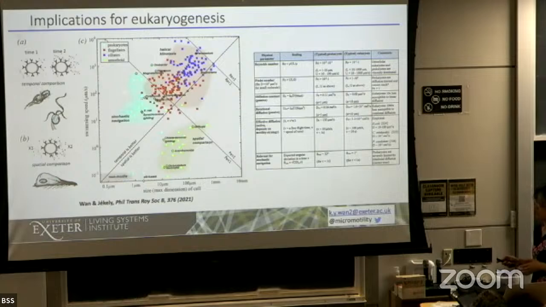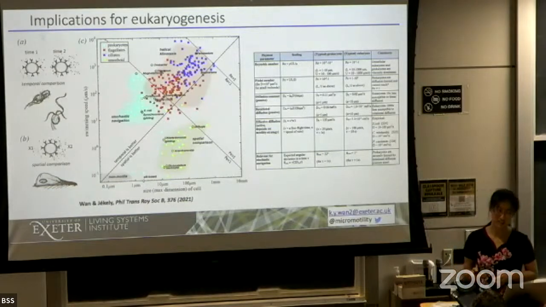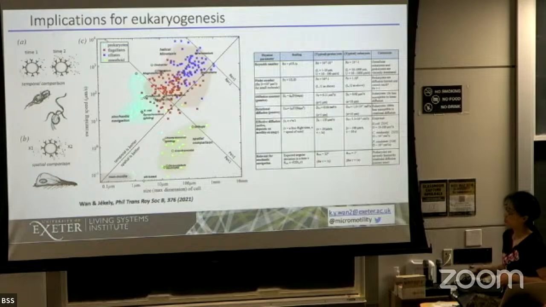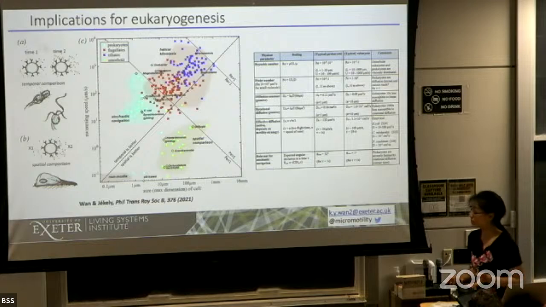So up here, we have in the cyan cluster very small cells such as E. coli and archaea, which are very small but fast relative to their size. And then here we have this distinction between ciliates and flagellates, which are all eukaryotes that have an order of magnitude increase in size, slightly higher speed, but they also cluster.